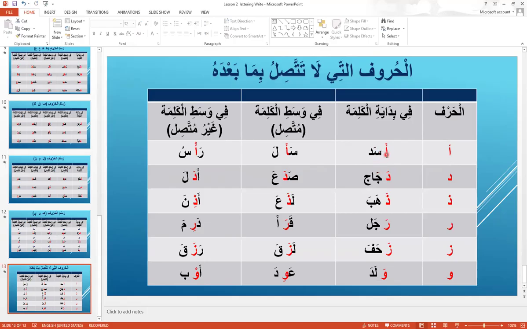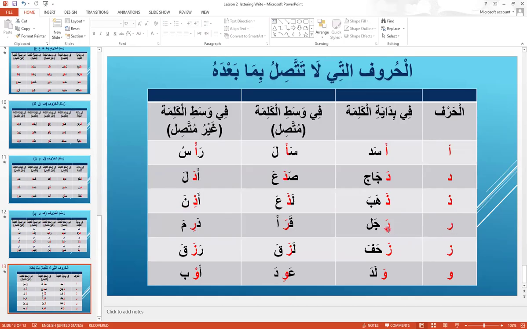You can see there's no joining between alif and sin, and alif hamza and lam, alif hamza and sin. The second is dal. There's no joining between dal and jim, dal and ain, dal and lam. The third is zal. No joining between zal and ha, zal and ain, zal and nun.